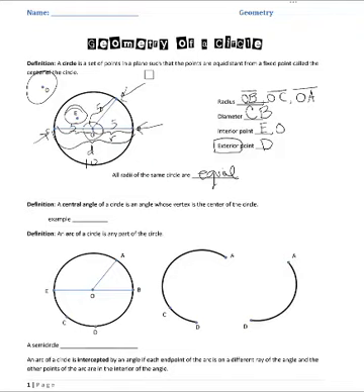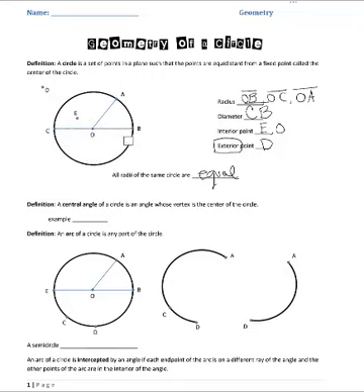A couple of things that should be new: what is a central angle? A central angle is where the vertex is right at the center here. So like AOB, that angle would be considered a central angle.